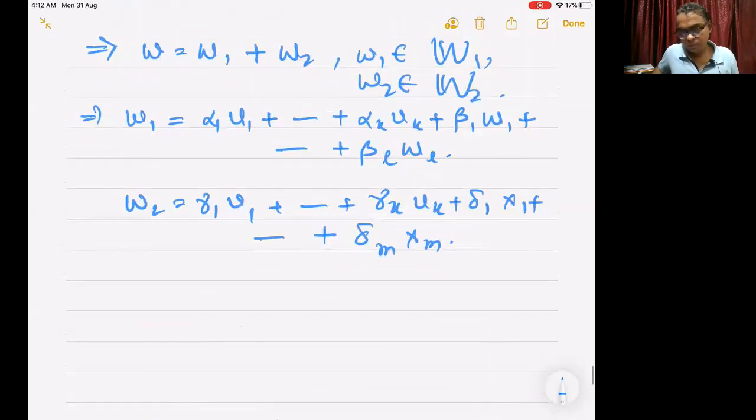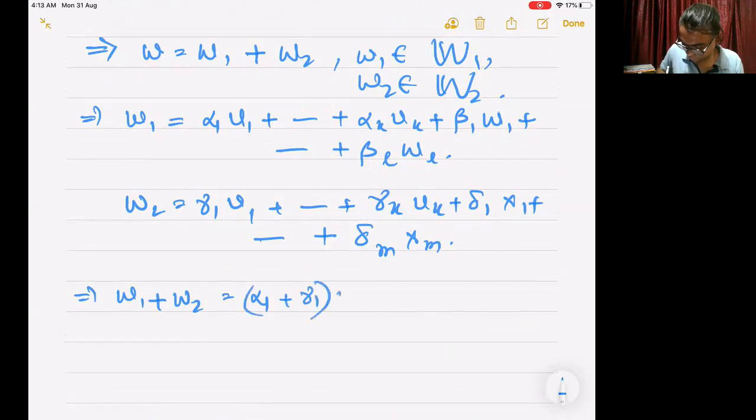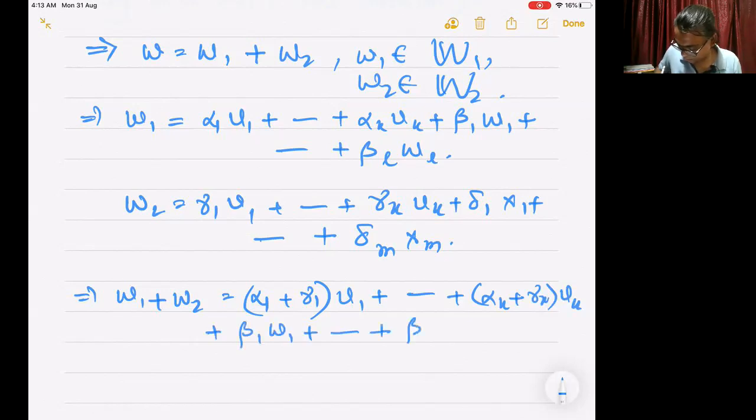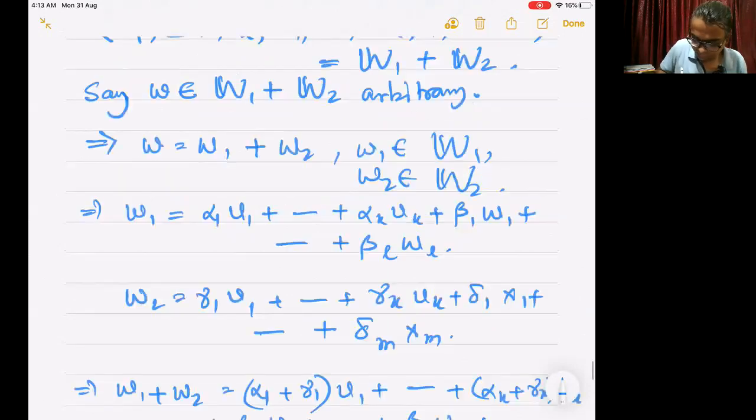So this then implies W1 plus W2 is equal to alpha 1 plus gamma 1 into V1 plus dot dot dot up to alpha k plus gamma k into Vk plus beta 1 W1 plus dot dot dot up to beta L WL plus delta 1 x1 plus dot dot dot up to delta m xm, which of course is a linear combination of these vectors.